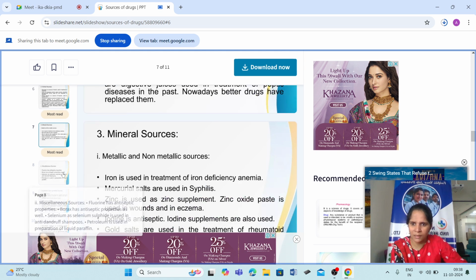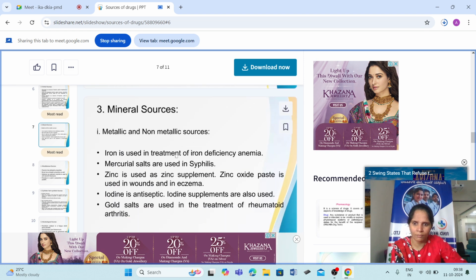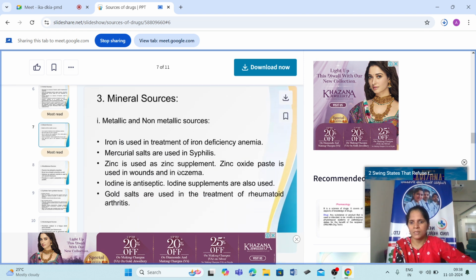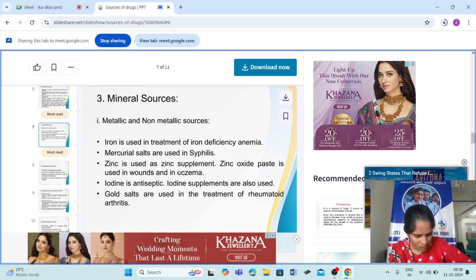Now let us see mineral sources. Mineral sources in the sense, is there any usage of minerals in our body? Yes, ma'am. What are the different uses of minerals? It helps in the formation of bones.